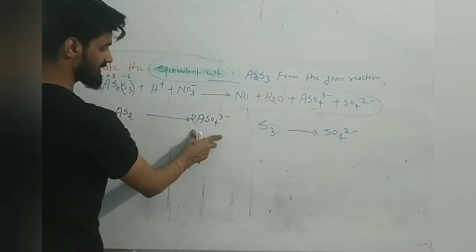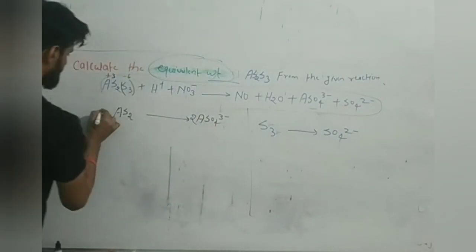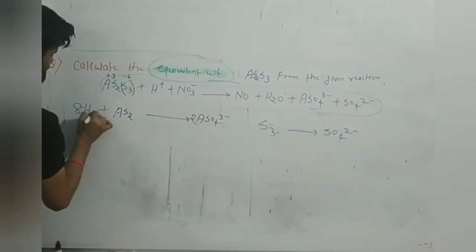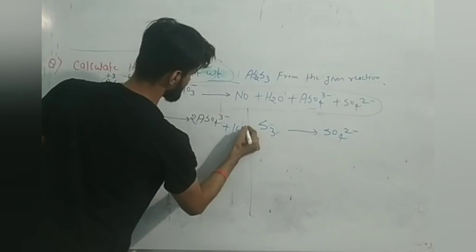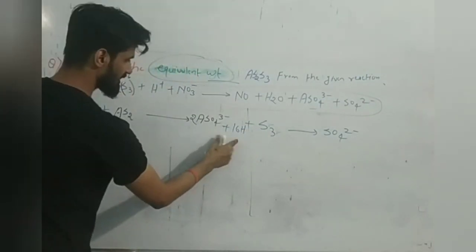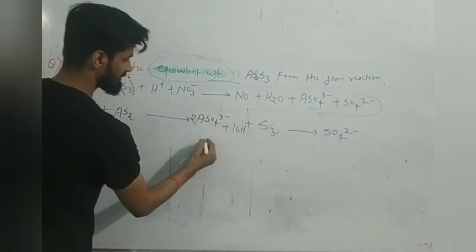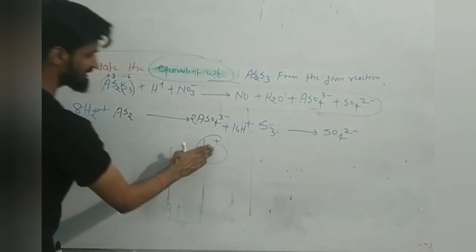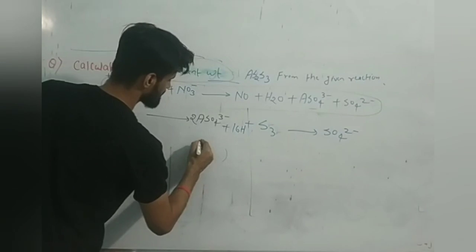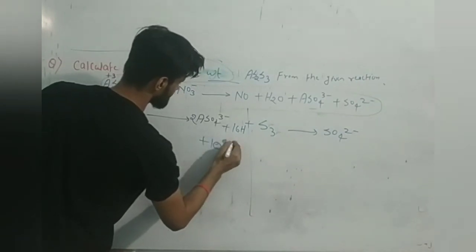Now there are 8 oxygens, so you have to add 8 H2O, which gives 16 H plus, and 2 more, so a total of 10 plus charge. Here there is 0 positive charge, so you have to add 10 electrons.